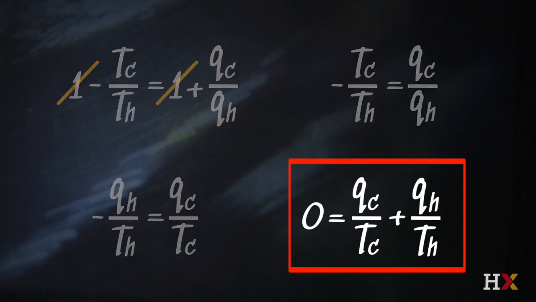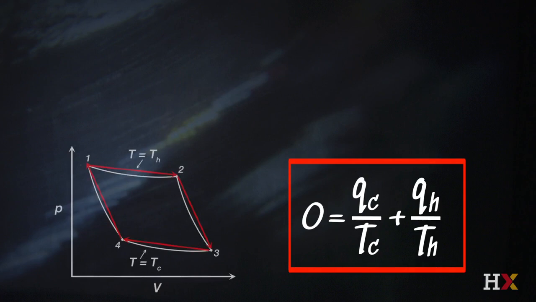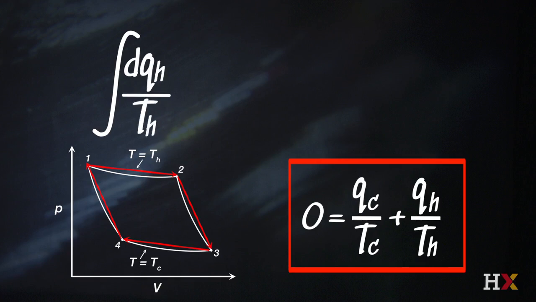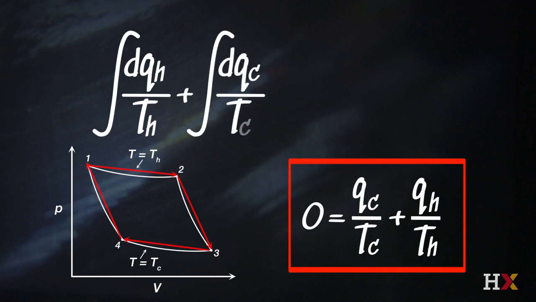Well, that means that if I break this trajectory around the Carnot cycle into small increments, I can write the integral of the differential form, that is, the tiny increments of heat added along that high temperature side, divided by the high temperature, plus the integral of the heat released on the cold side divided by the cold side temperature. That is equal to 0.